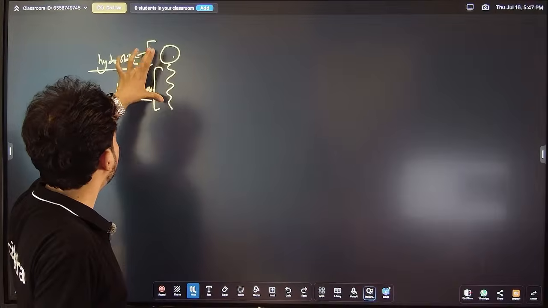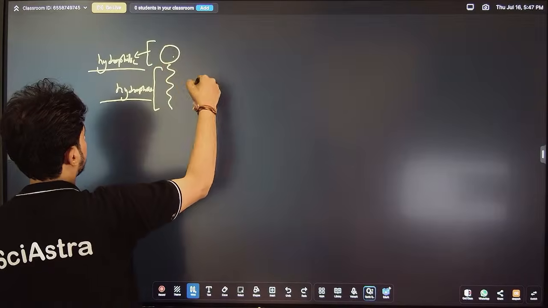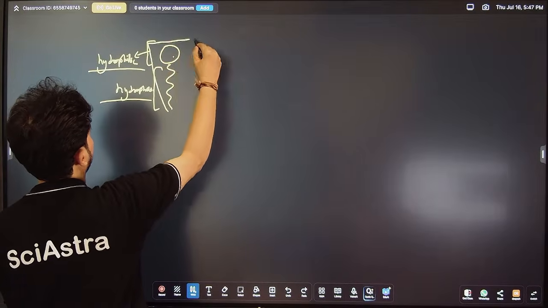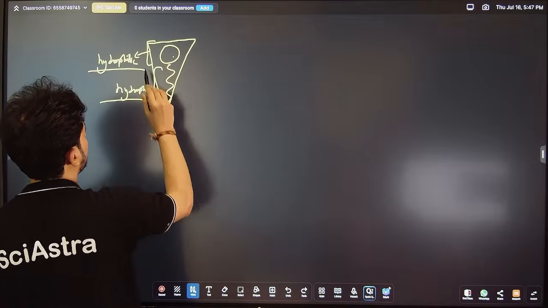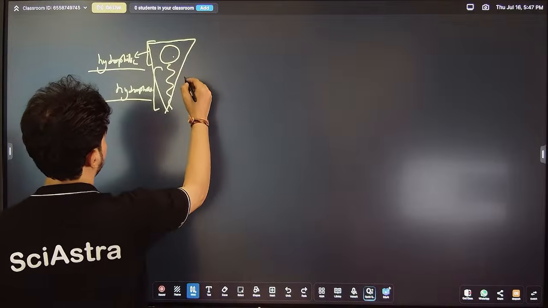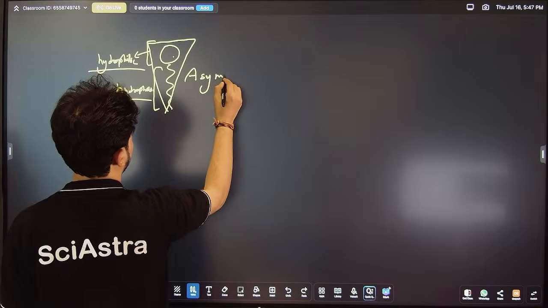Overall, if you visualize this structure in 3D, it has a triangular or conical shape. So we call this asymmetrical.